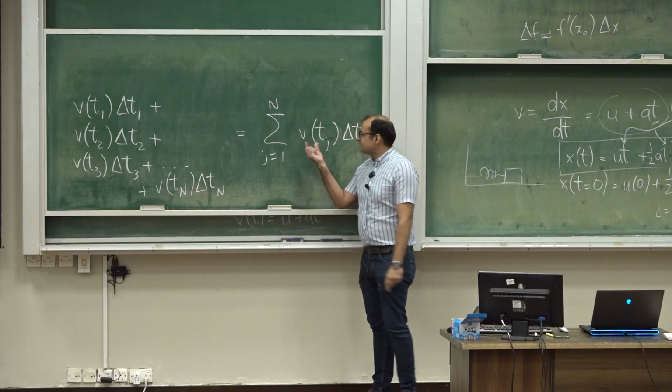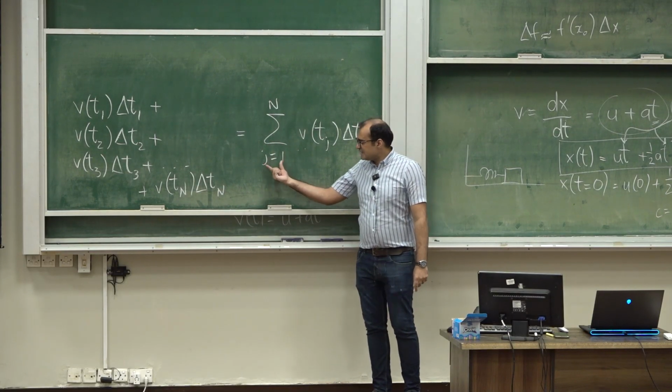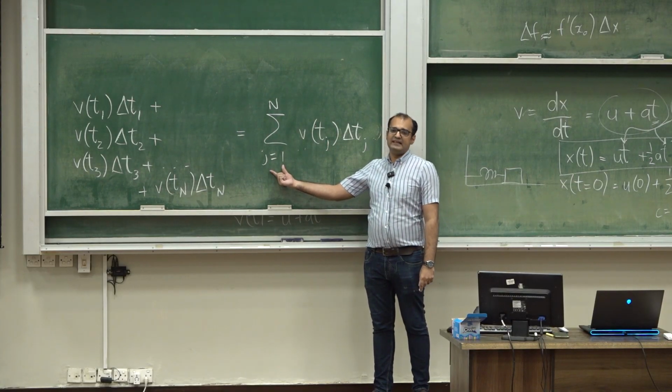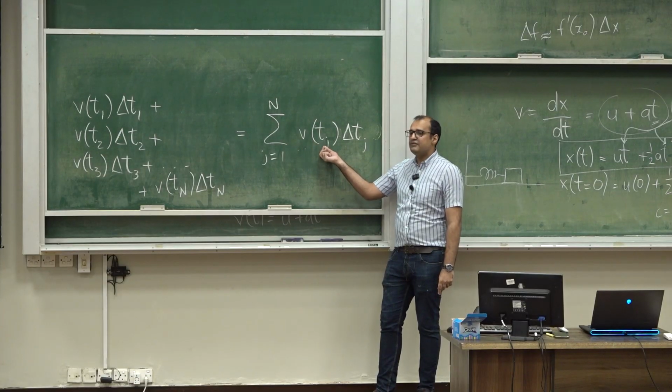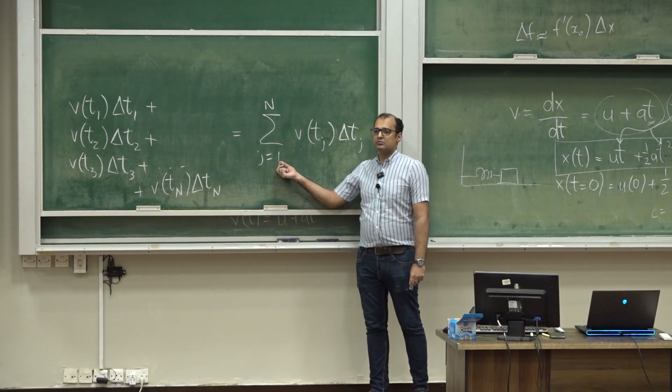How this works is that, first of all, sigma is meant to denote a sum. That's what this symbol means mathematically. It tells you that whatever follows this symbol, first of all, put in j equal to 1. So you get v of t1 times delta t1. Then put j equal to 2.